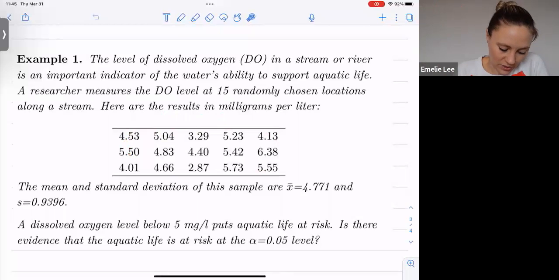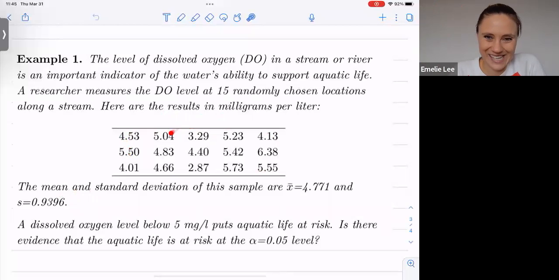Okay. And we're told that the mean and the standard deviation of this sample is 4.771 and 0.9396.